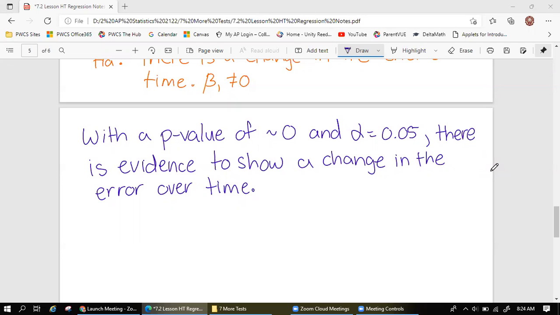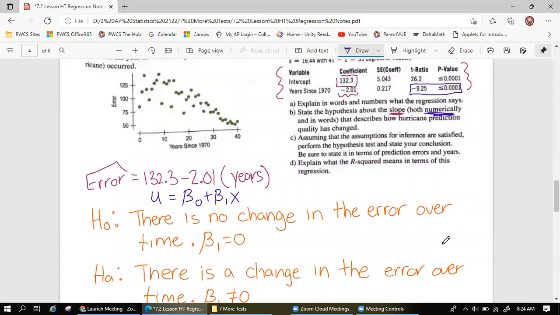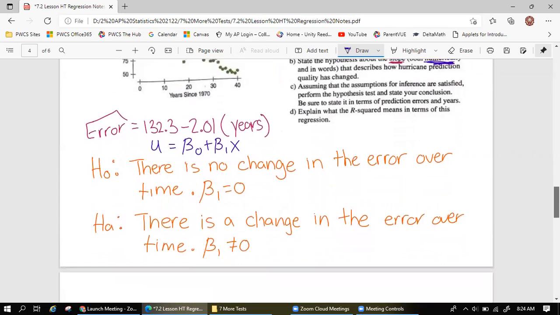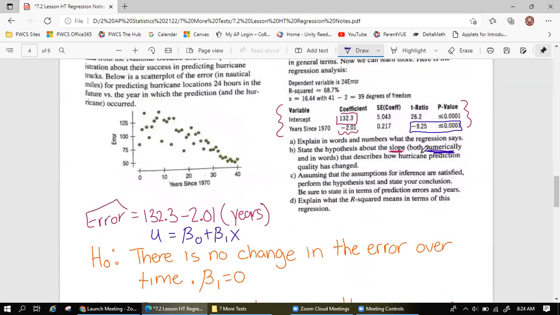And if you look at the scatter plot, if you look at the trend here, it does look pretty clearly that as we evolve past 1970, these predictions are getting much, much better. The error in nautical miles is going down pretty consistently in a linear pattern as the years go by. So this is it visually, this is it using probability.